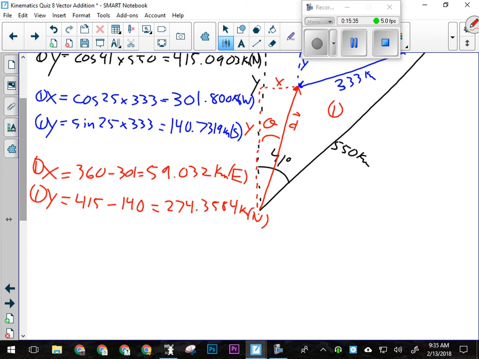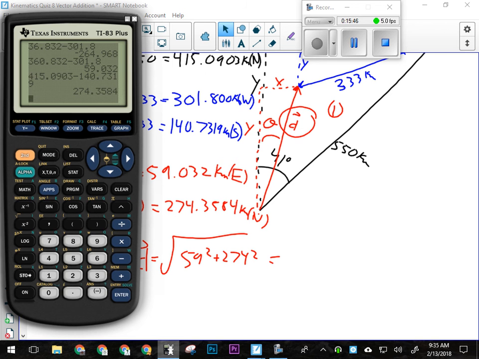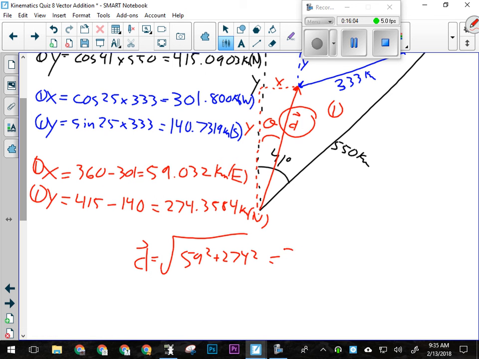Next mark, I got to calculate D. D will be Pythagorean Theorem again. So that'll be 59 squared plus 274 squared, obviously with all the decimals in there. So my overall displacement is going to be 280.637 kilometers. 1 mark for that step. I got to find the angle of that.